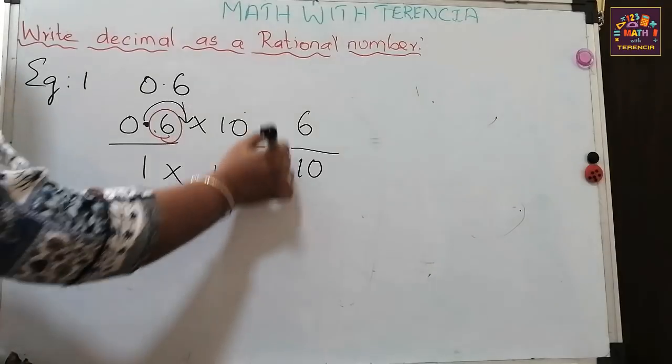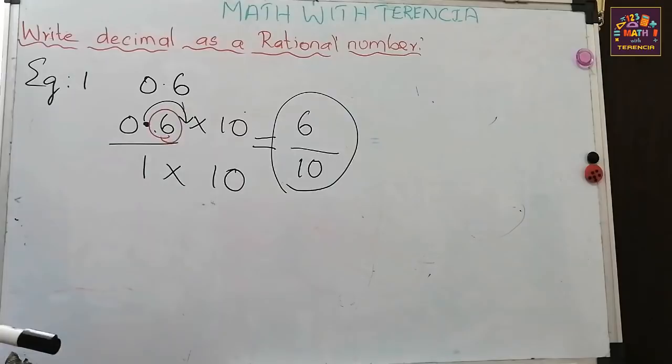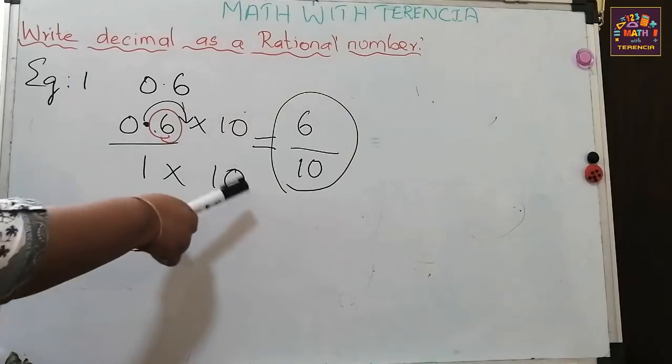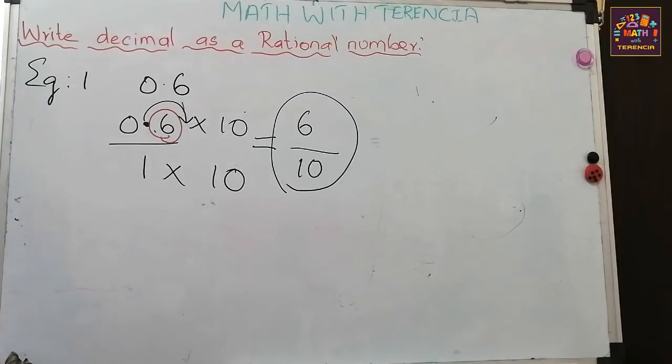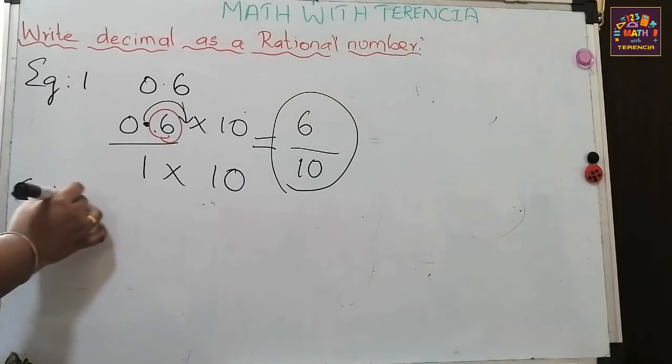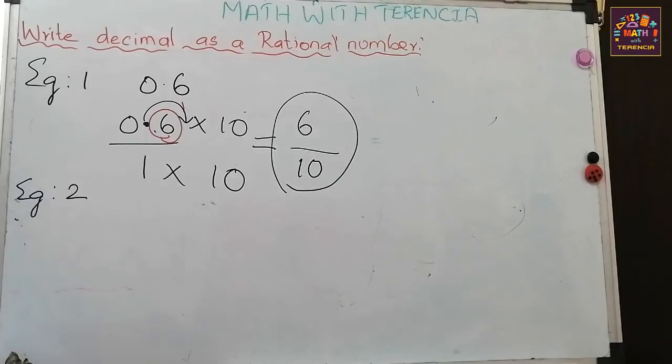This is the fraction form, but it is not in the standard form. We need to write all rational numbers in standard form, which we will see in the next part. So this is how we represent a decimal number as a rational number. Let us see one more example. Example 2: we can even take negative fractions also.